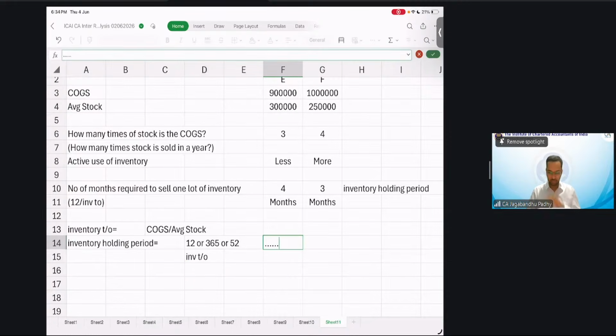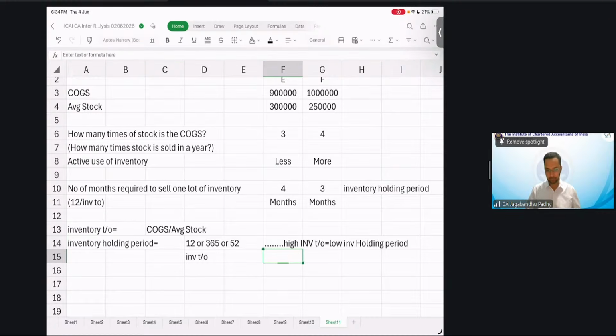And the simple implication is, if you have a high inventory turnover ratio, that simply means you're having a low inventory holding period. High inventory turnover ratio is going to be equal to low inventory holding period.